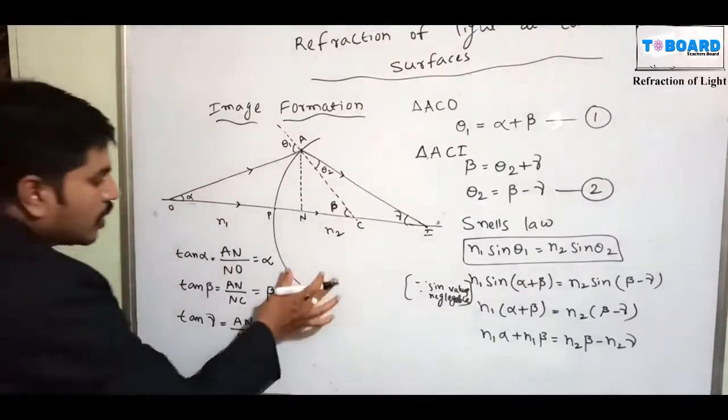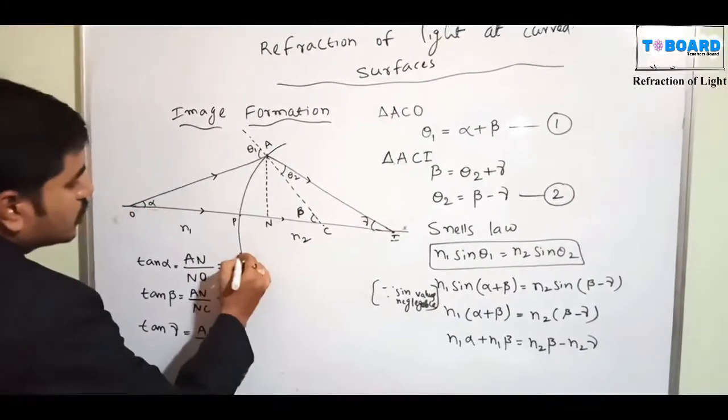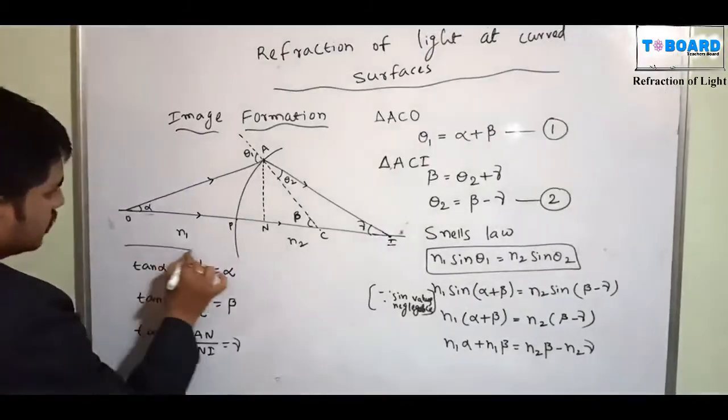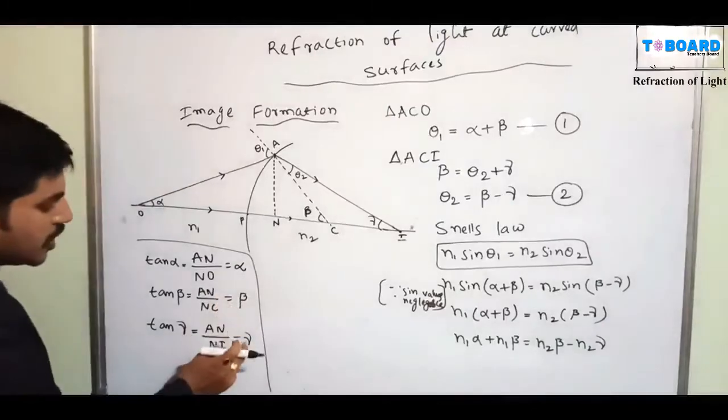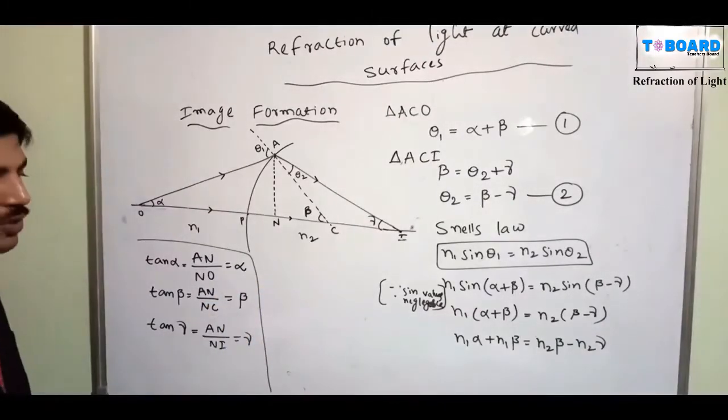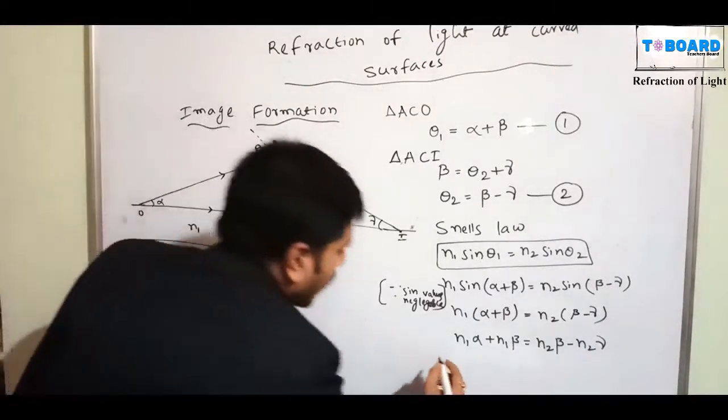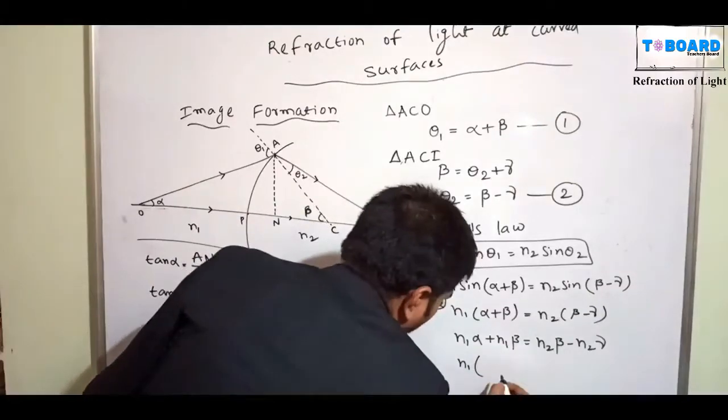Now I am going to write the full-fledged equation for that. I am going to substitute alpha, beta, gamma in the above equations. Now see, N1 times alpha means what?